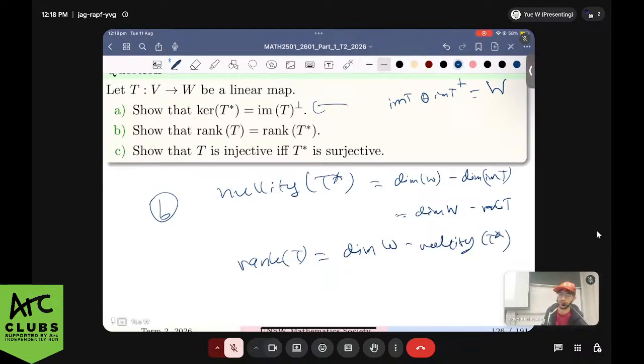We just want to show this is rank of T star. T star goes from W to V, so by the rank-nullity theorem, this is just rank of T star.